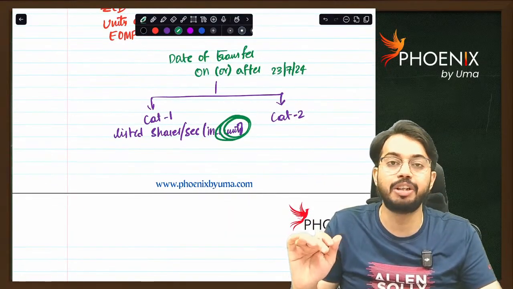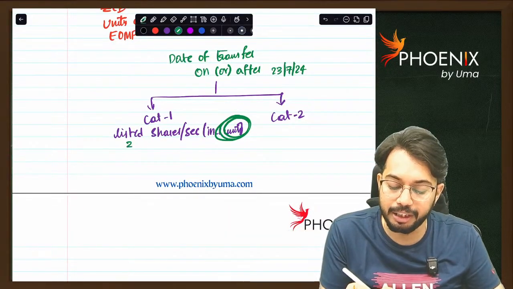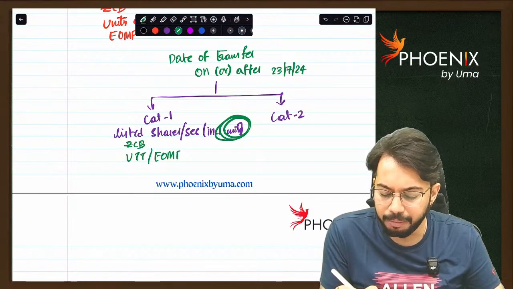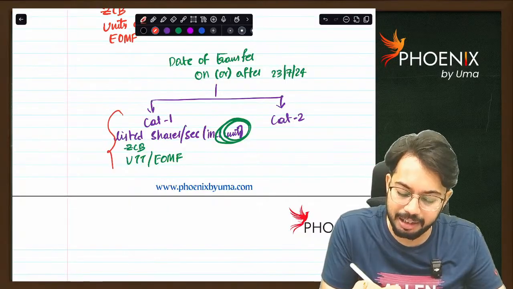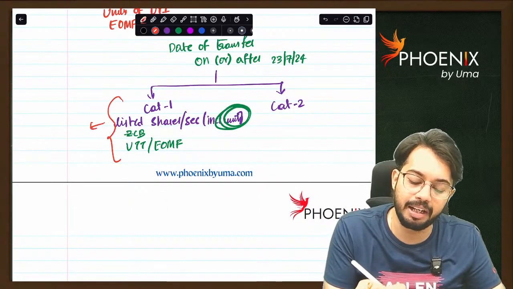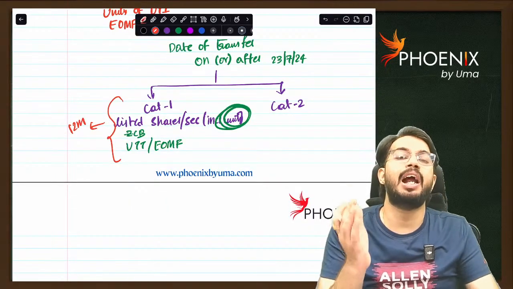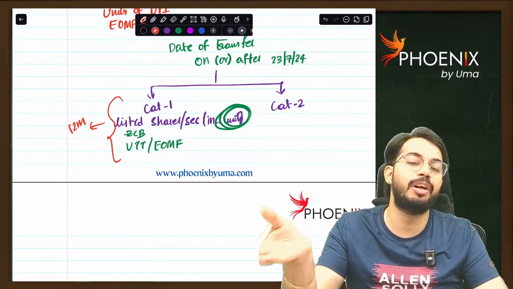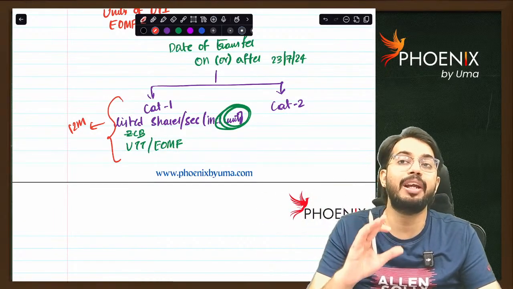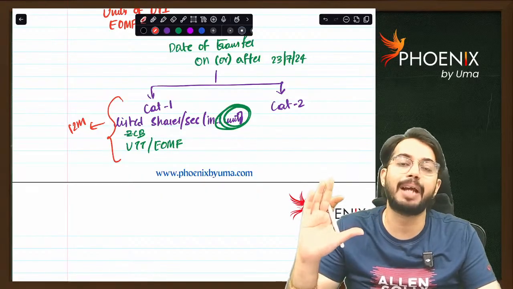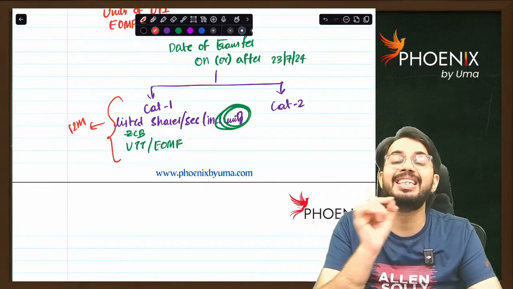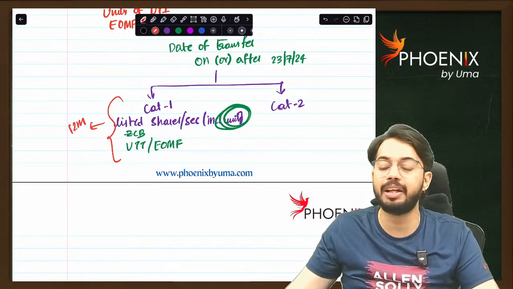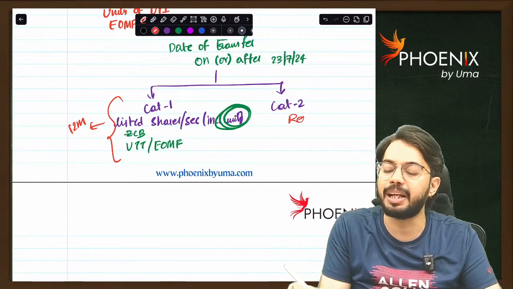So listed shares or securities including units, zero coupon bonds, units of UTI, units of equity oriented mutual fund. For all these the criteria is 12 months. If they are held for less than 12 months, short term capital asset. If period of holding is more than 12 months, long term capital asset. If period of holding is exactly equal to 12 months, then also short term capital asset. Is it clear? Remaining all capital assets.